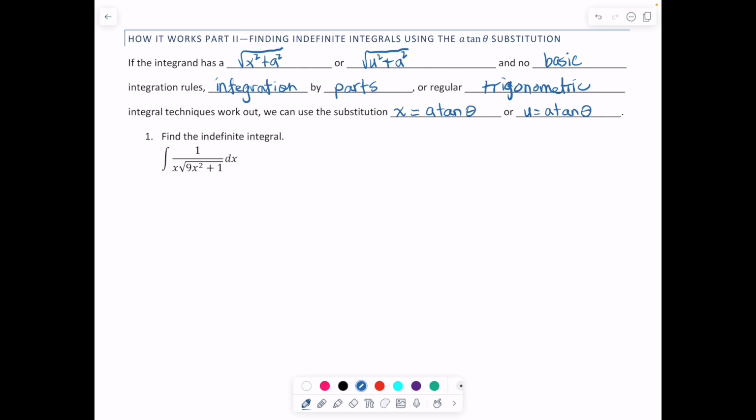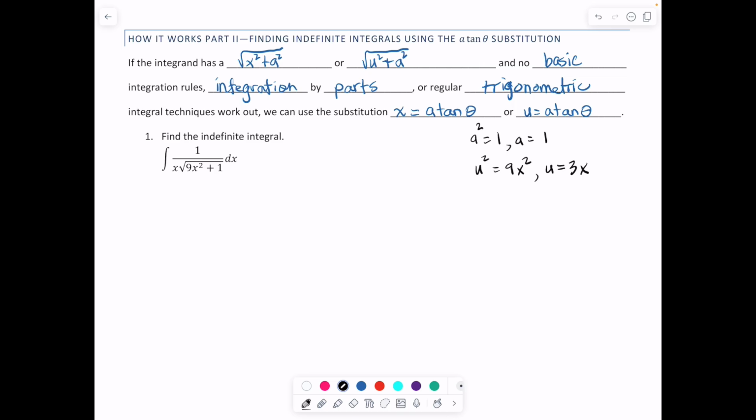So I see that we've got a square root of u squared plus a squared situation. a squared is 1, so our a is just going to be 1. We have u squared equals 9x squared, and so u is 3x.